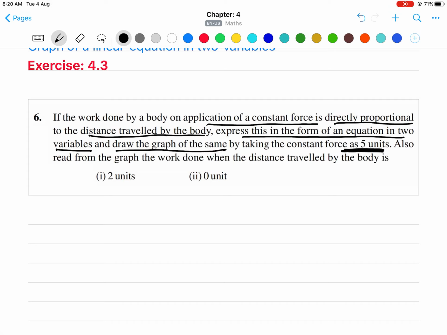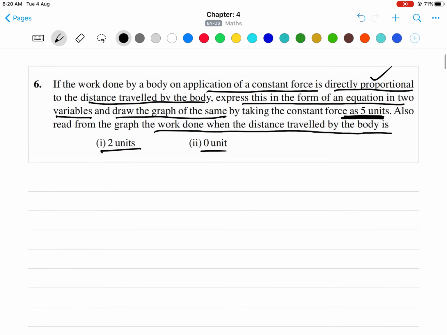Also read from the graph the work done when the distance traveled by the body is 2 units and 0 units. So first you have to represent this statement in the form of a linear equation in two variables.